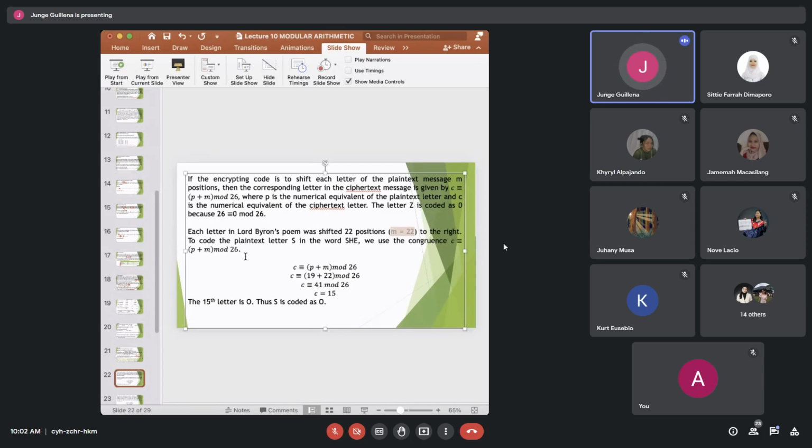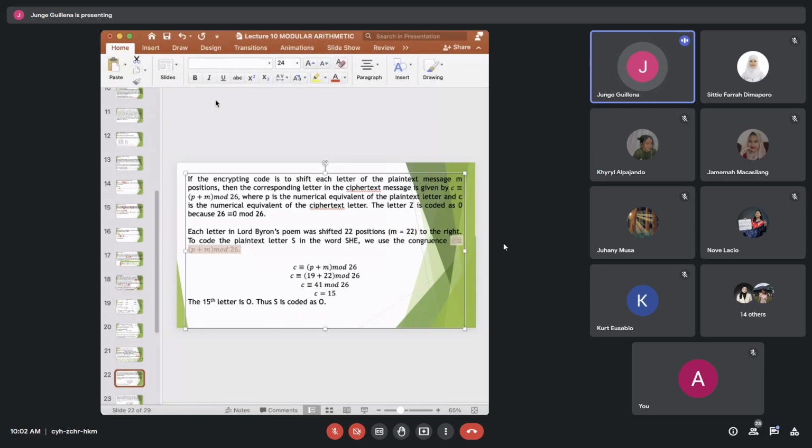So to code the plaintext letter S in the word "she," we use this formula to find the ciphertext equivalent of the given plaintext letter S. C is congruent to the quantity P plus M modulo 26.